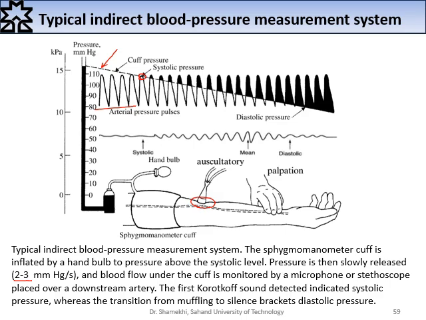But after this point, we can hear the first Korotkoff sound, indicating systolic pressure, whereas the transition from muffling to silence brackets diastolic pressure.